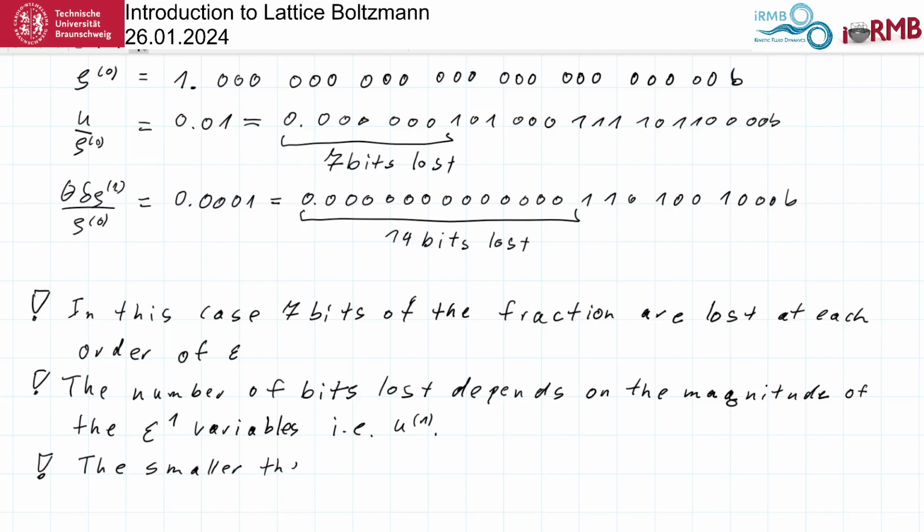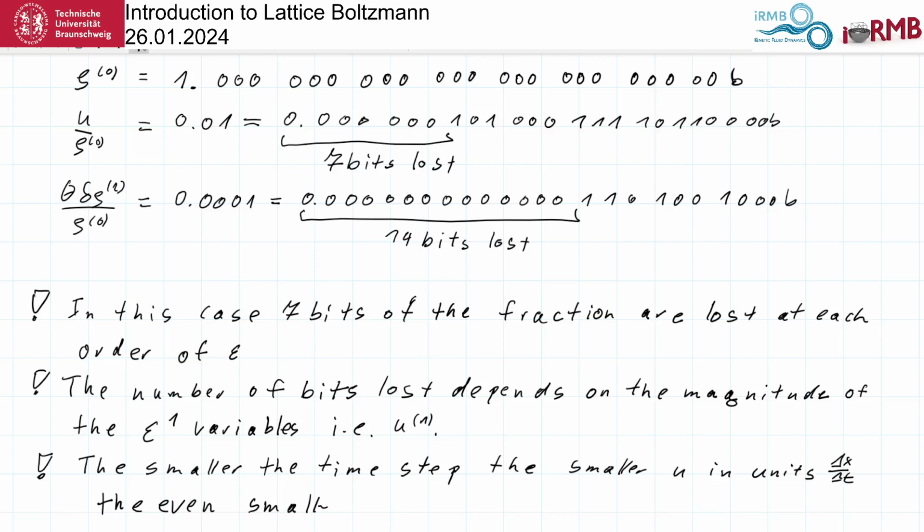The smaller the time step, the smaller u in the units, so the velocity u in units delta x by delta t, because we have to express them in delta x by delta t, the even smaller are the moments of higher asymptotic order.